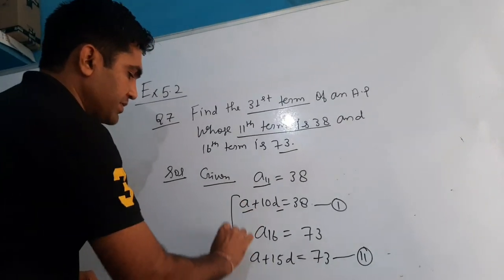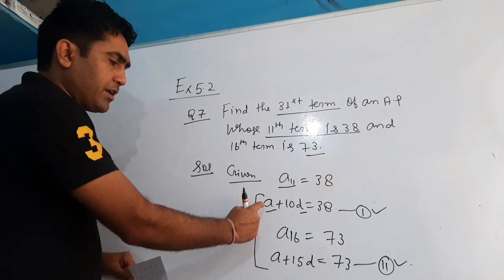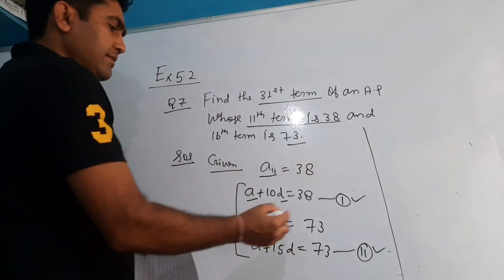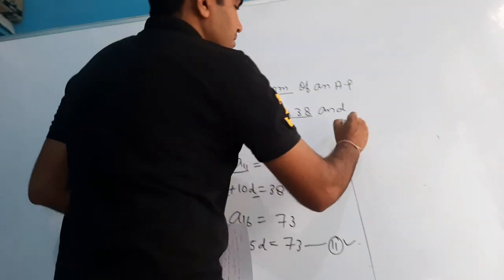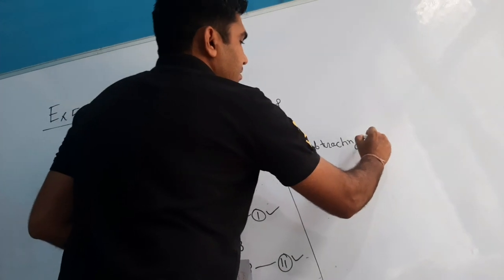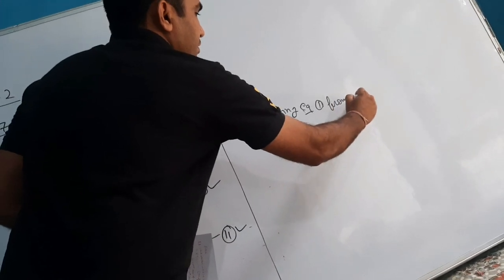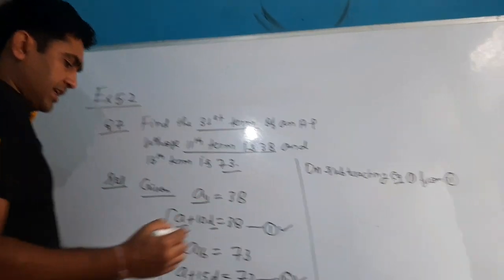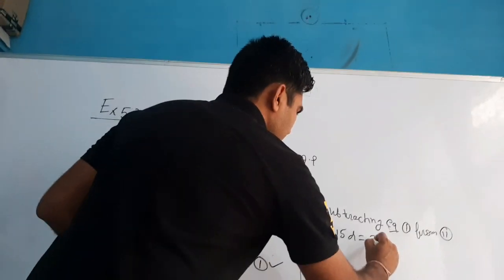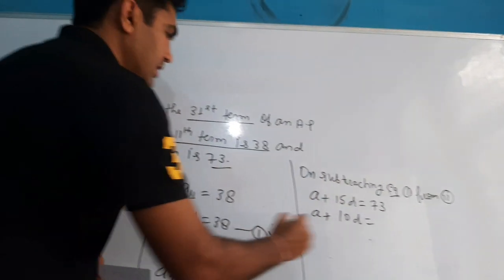Now we will solve both equation 1 and equation 2 to get the value of A and D. Now subtracting equation first from second, you will get A plus 15D equal to 73, A plus 10D equal to 38.